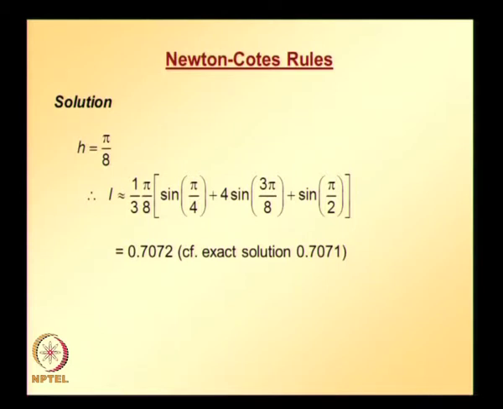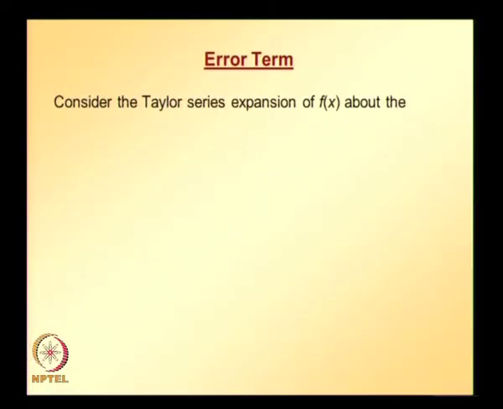So now let us look at what is the associated error with each of these 3 Newton-Cotes rules, that is rectangle rule, trapezium rule and Simpson's rule. To do that, let us consider a Taylor series expansion of f(x) about the lower limit of integration x1.